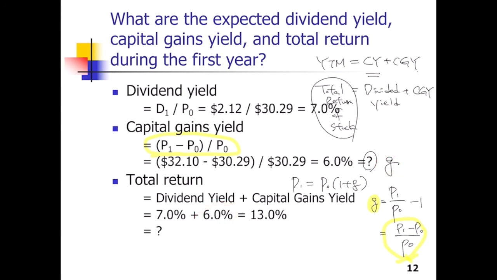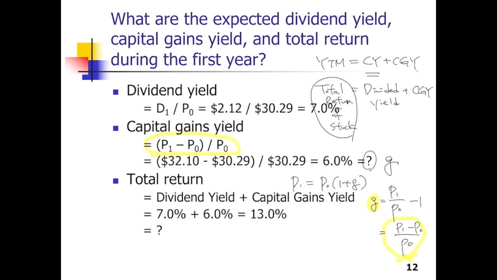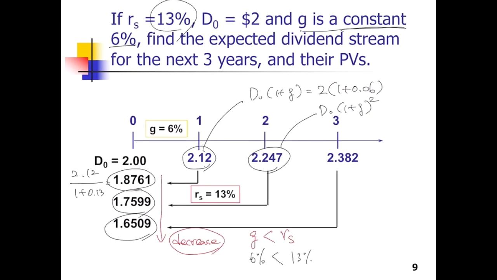So finally we get this number, 13%, when we hold this stock. One more interesting thing is this number we already showed. Do you remember where this number comes from? Yeah, here. This Rs was 13%, right?